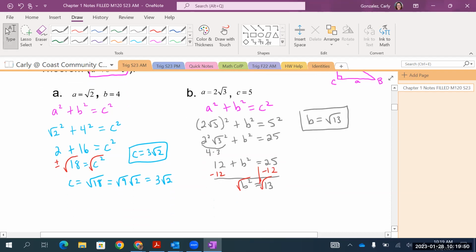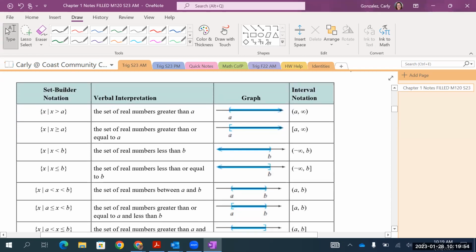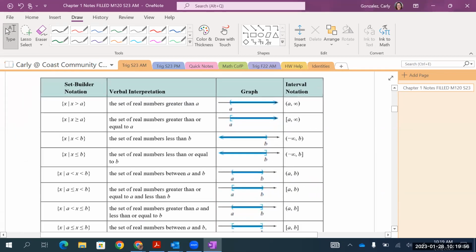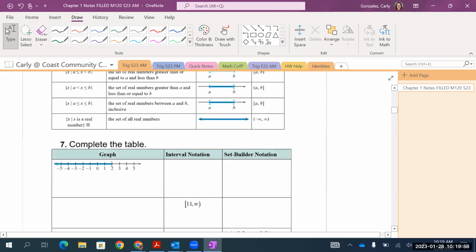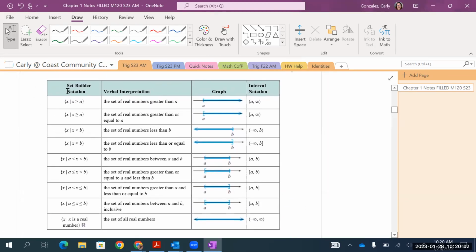All right, for our last subskill that we're going to work on for now, we have inequalities. We can write that with set builder notation. So when we're comparing something like x is greater than 2, or down here it might be y is less than or equal to 3.